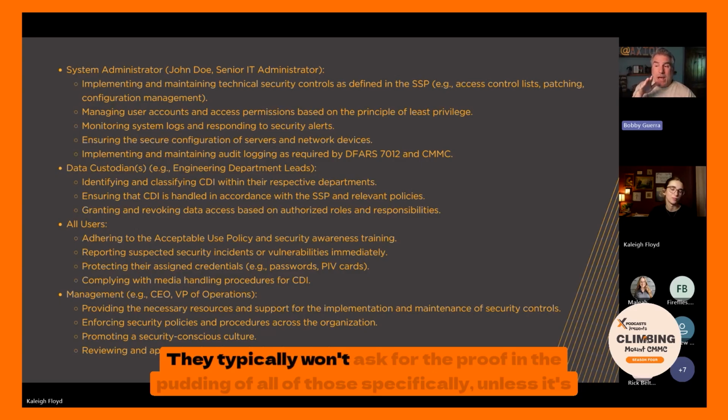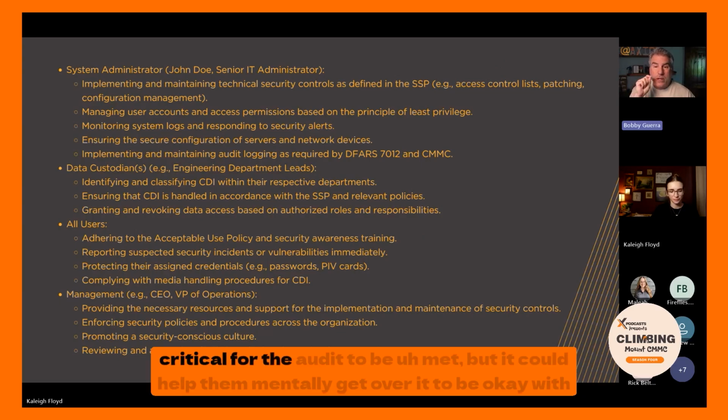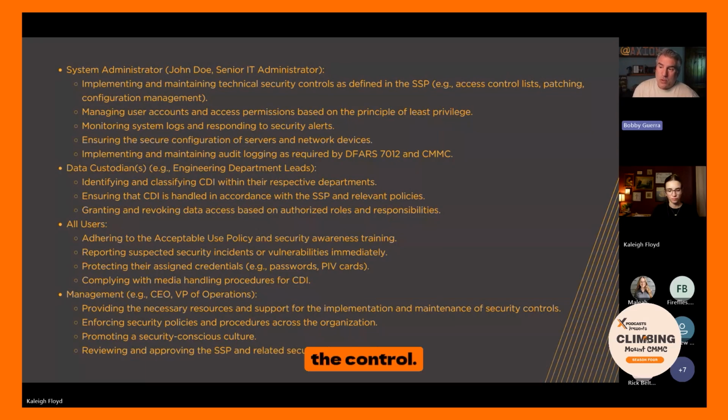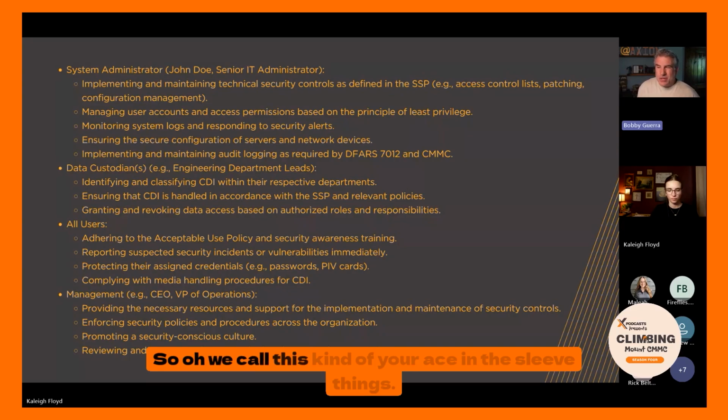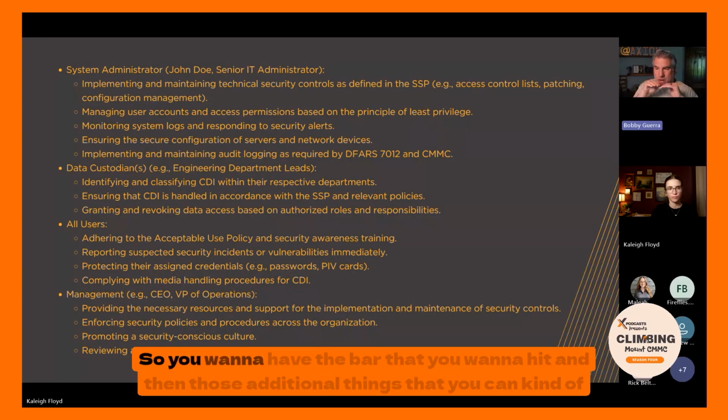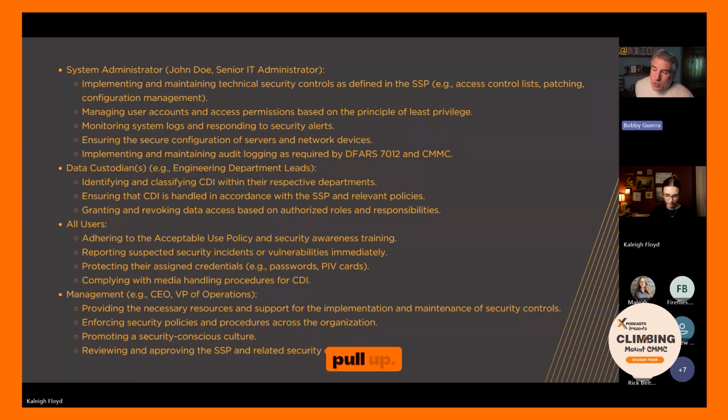They typically won't ask for the proof of all of those specifically, unless it's critical for the audit to be met. But it could help them mentally get over it to be okay with the control. So we call those your ace in the sleeve things. You want to have the bar that you want to hit, and then those additional things that you can pull up.